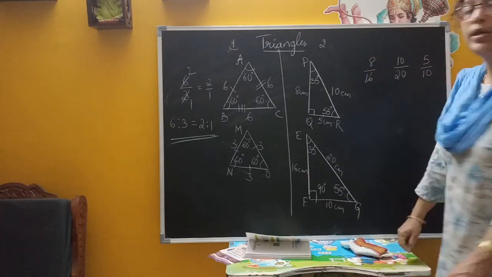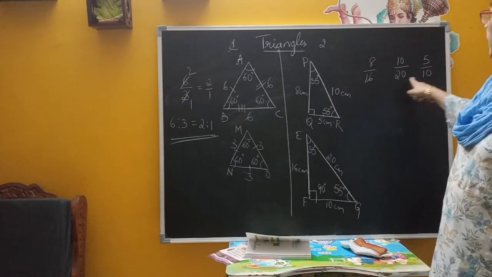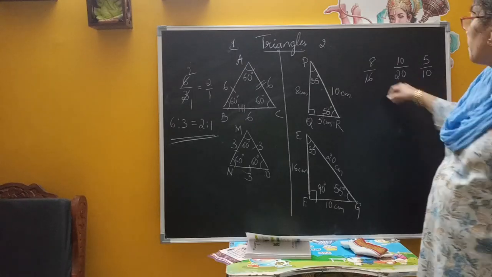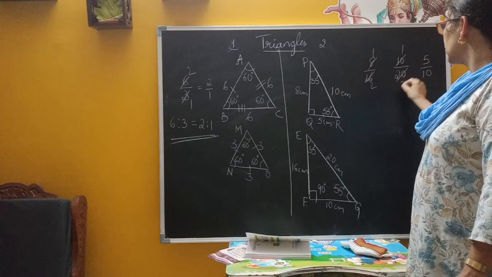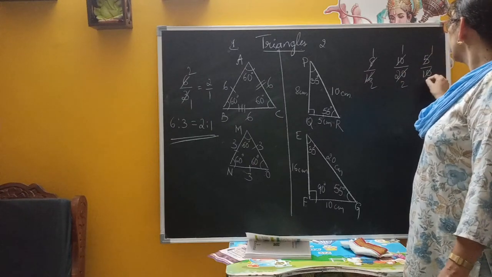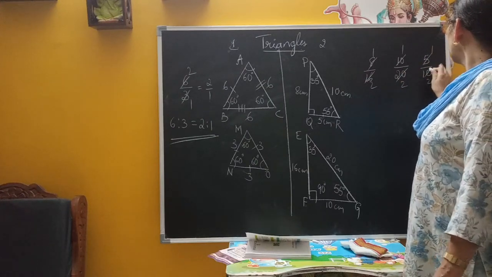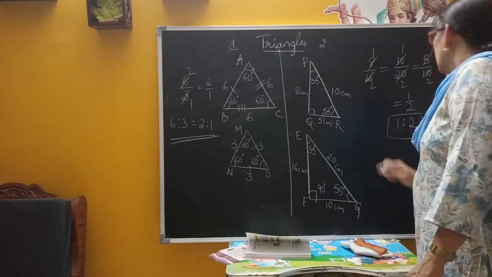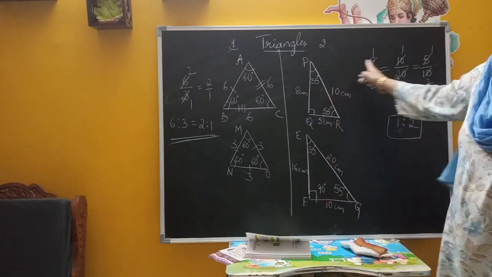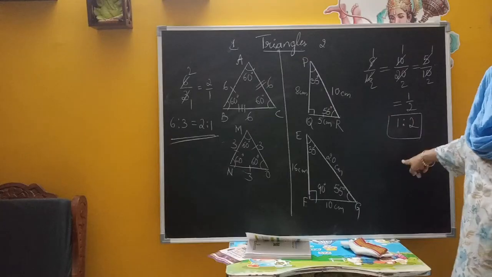Now simplify all these ratios. We got three ratios of the three sides: 8 ones are 8, 8 twos are 16; 10 ones are 10, 10 twos are 20; 5 ones are 5, 5 twos are 10. So finally what have we got? Ratios of the corresponding sides are equal.